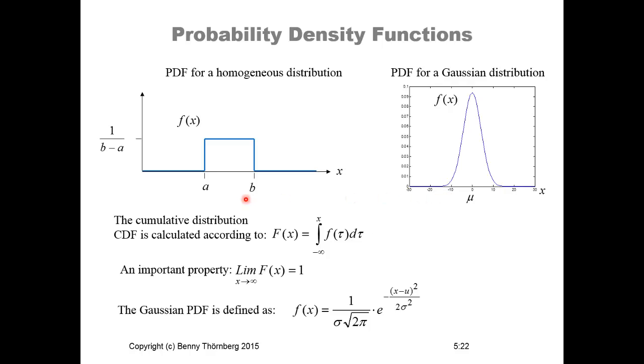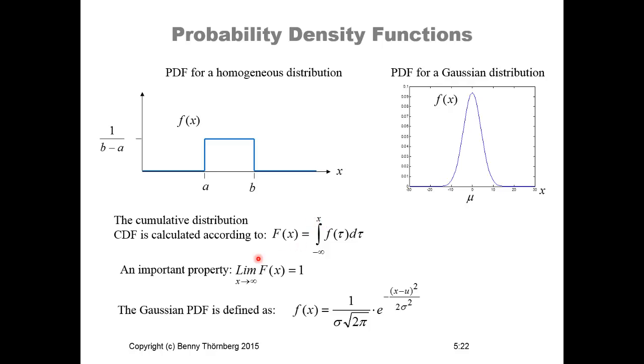The cumulative distribution CDF is computed according to this formula, so that we integrate the PDF from minus infinity to the value of x. So it means that we are summing up all the possible probabilities of having all the values from minus infinity up to the value of x.